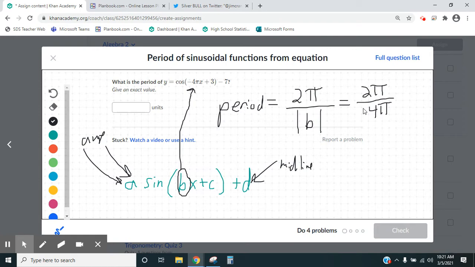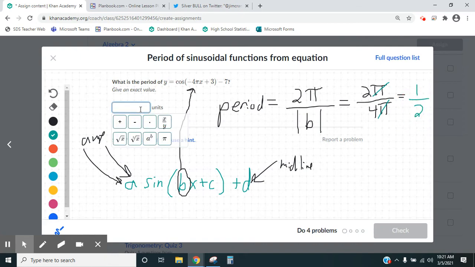We see pi and we see a fraction. We're not real good at subtracting those or multiplying it. But when you have a pi over pi, guess what? Cancel. Then just reduce any fraction left over. So this period is a half. And then we're done.